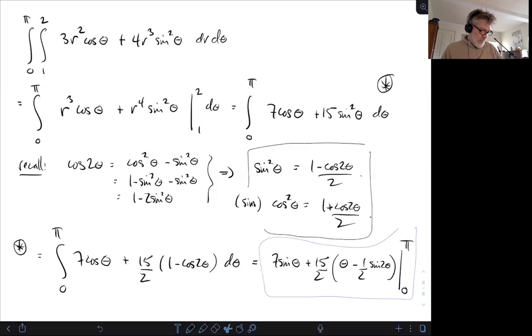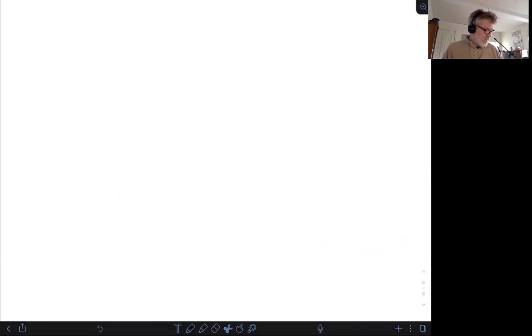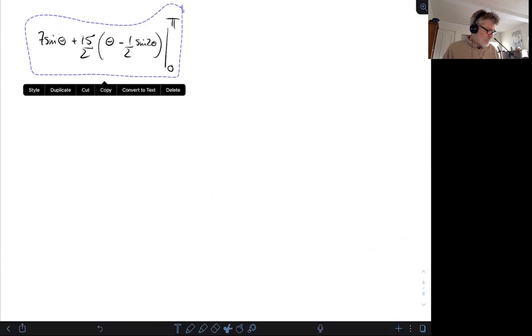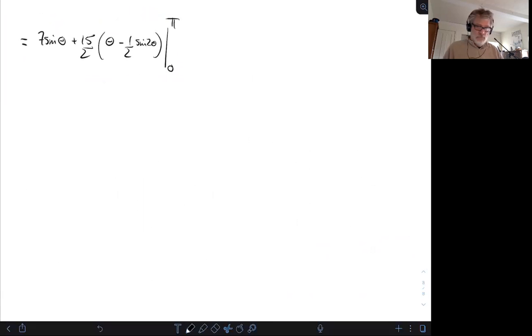This was what I need to evaluate. I evaluate this at pi and at 0. Now sine of pi, sine of 2 pi and sine of 0 are all 0, so all these guys disappear. So we're left with 0 plus 15/2 of pi minus 0 minus 0 plus 0.